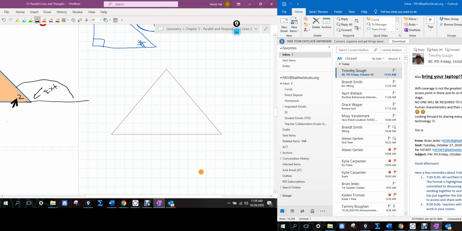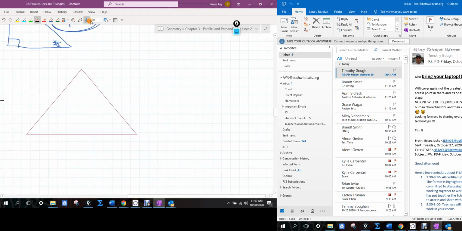Okay, that one might look like it's isosceles, but it doesn't matter. And I look at one exterior angle. Let's call this angle 1 right now. And let's call this angle A. Let's call this angle B. Let's call that angle C.